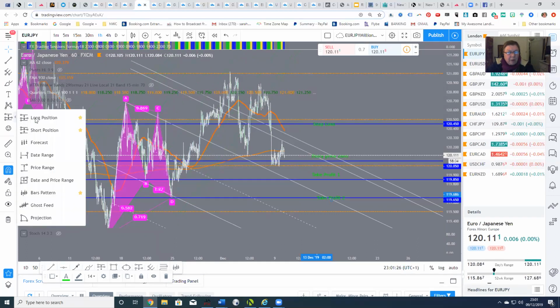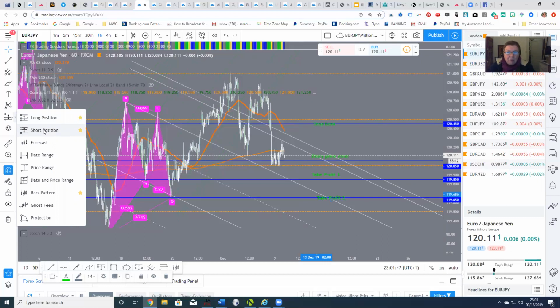So what we do here, a long position means I would go for a buy, price is going to go up. In this case, we want to click, this is TradingView, but you don't have to do it. I don't take trades on TradingView, I take them on MT4, or there are other platforms like the web-based one called CTrader.